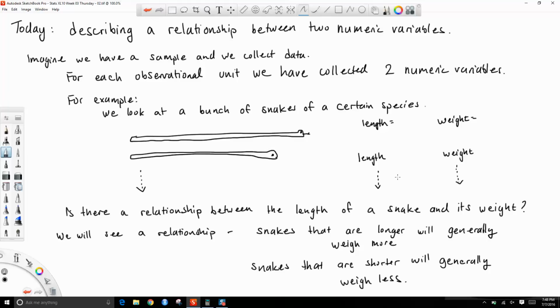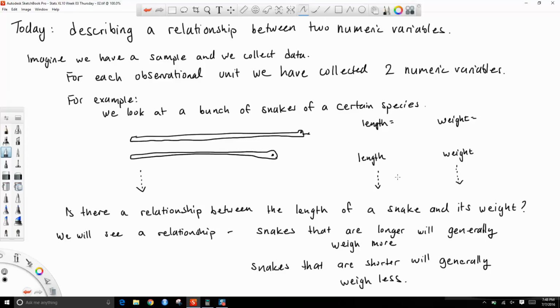So just like before, last week we talked about the spread, and we said, you know, the Baker family children had high spread in ages and the Adams family children had low spread in ages. But rather than just saying high spread and low spread, we were able to quantify that using the standard deviation and give it a number.